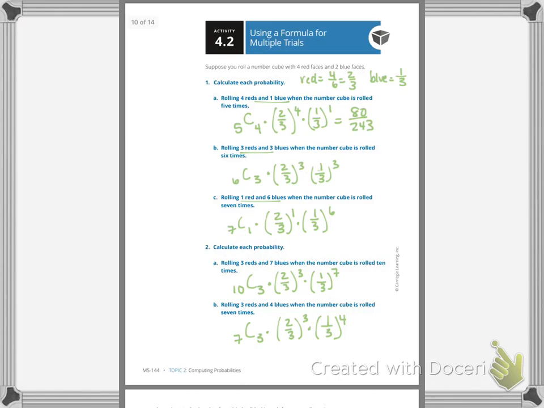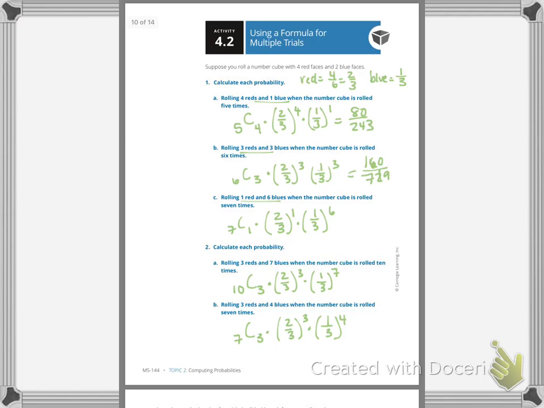My next one, we are doing 6, choose 3, and then 2/3 to the 3rd, 1/3 to the 3rd. Convert it back. That one was good. So 160 over 729.